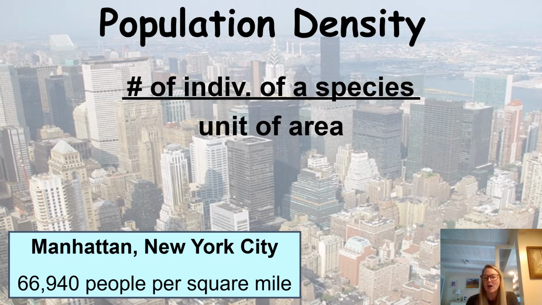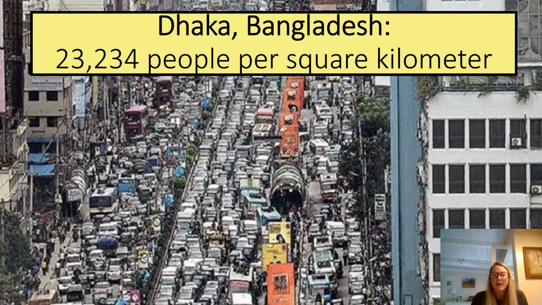A good example of population density or a measurement of it is Manhattan in New York City. It currently has about 67,000 people per square mile living in that area. So it's pretty dense. All right, well, compare that to Dhaka, Bangladesh, for example. There are about 23,000 people that live in 1 square kilometer in this area.